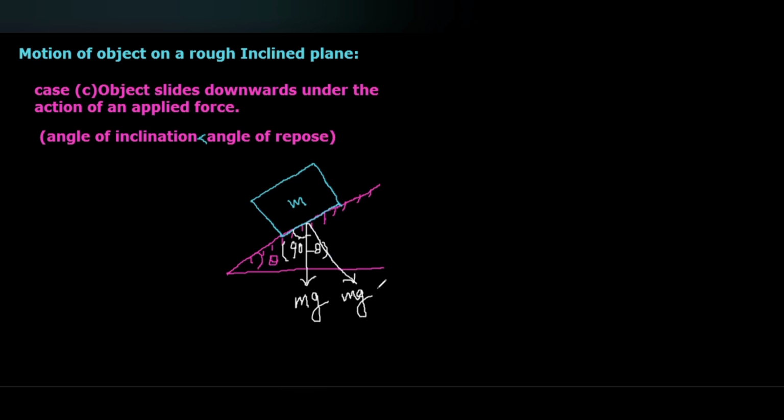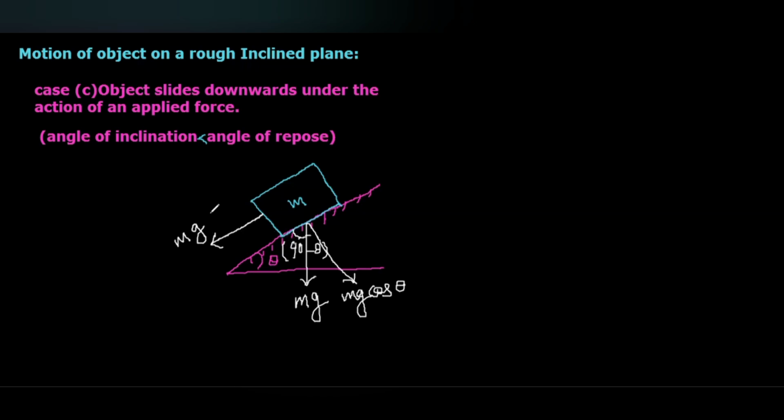This will be mg sin 90 minus theta, but sin 90 minus theta will become cos theta. That is the vertical component. And the horizontal component, that is mg cos 90 minus theta. Here the angle is 90 minus theta.